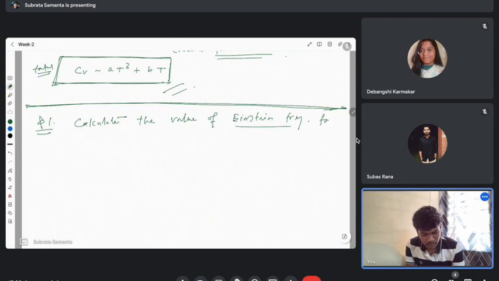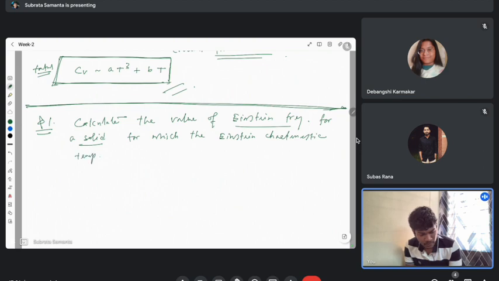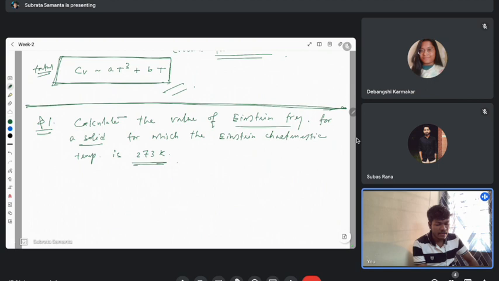In this problem we are assuming that the Einstein theory describes the solid well.